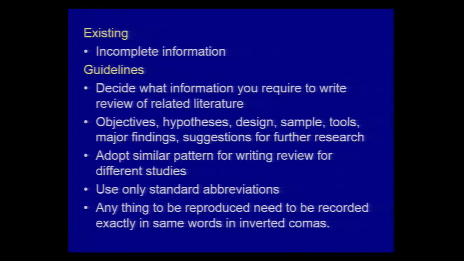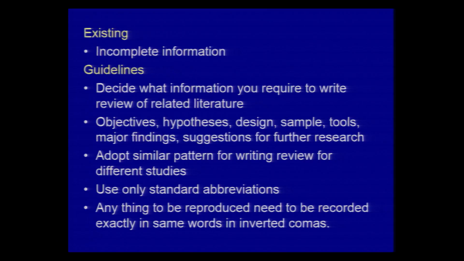Another drawback which we come across in the review of related literature is that once a student or researcher is reporting a research study already taken up, the information varies from one study to another. And there are gaps in the way the information is presented. So, what needs to be done?